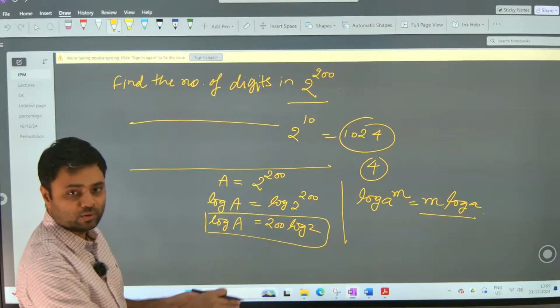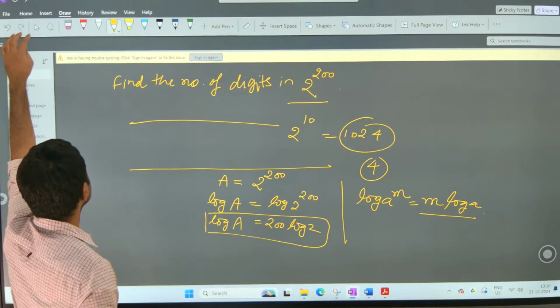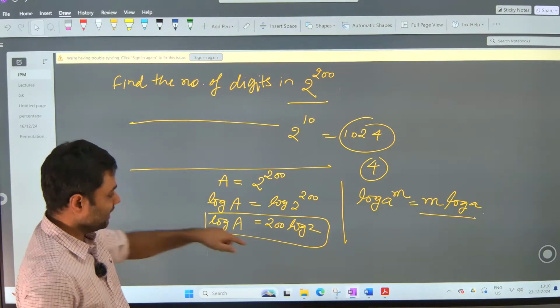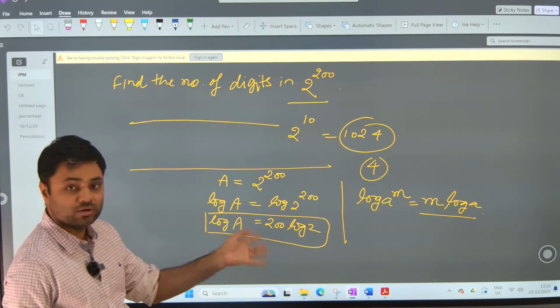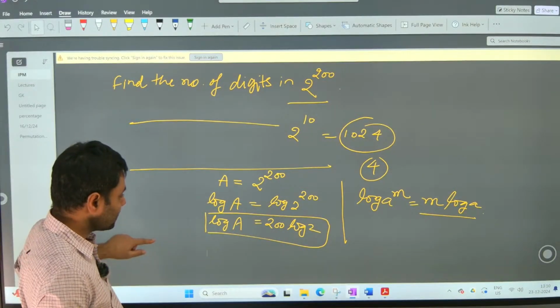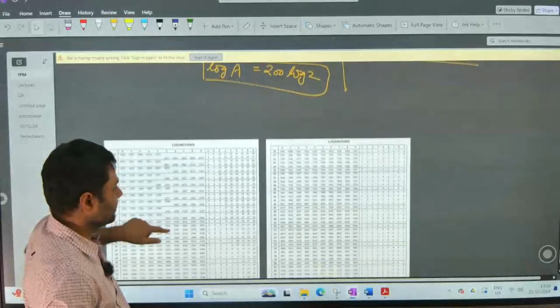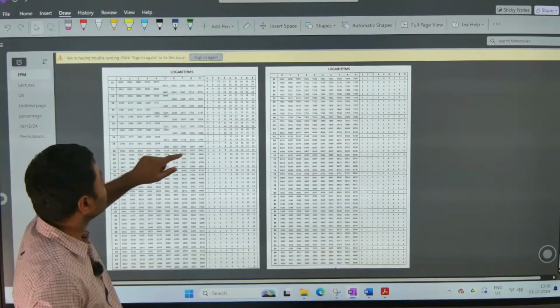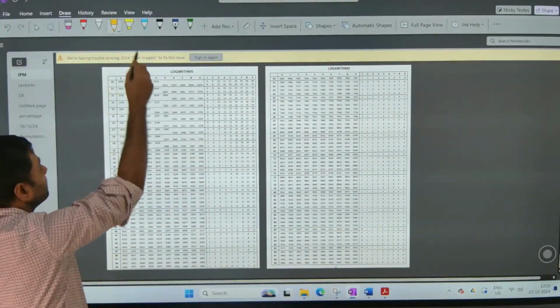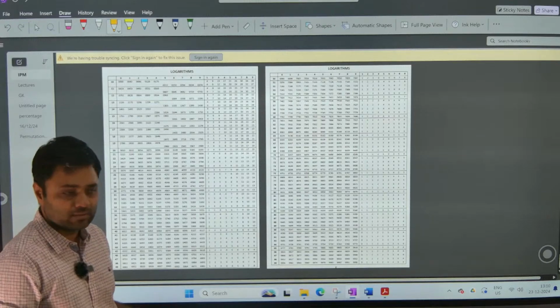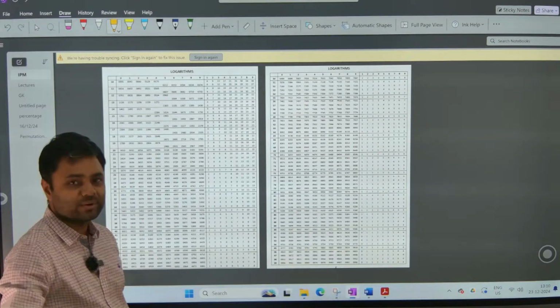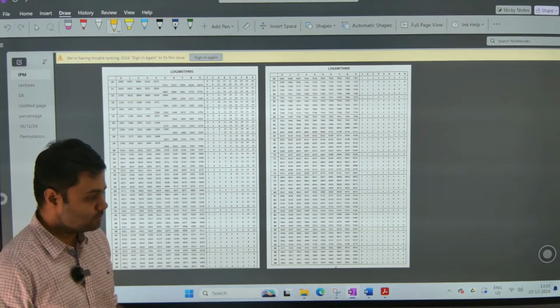So we will take a pause here and then we will understand what is the value of log 2, right? For that we have this logarithmic table here. You can find this table on the internet or at the back of many mathematics or science books.